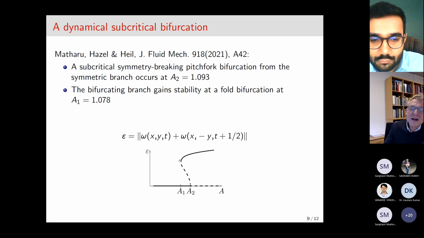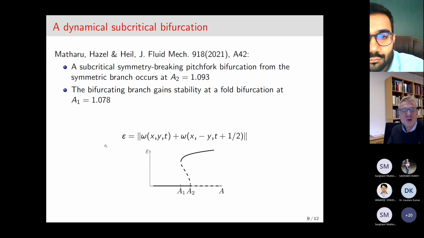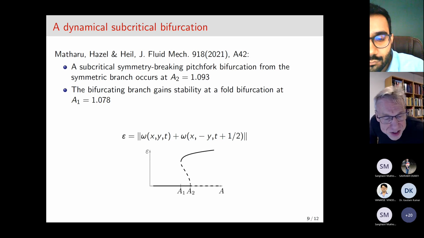So you will have a bifurcation diagram like this. And there is a range of bistability between the fold bifurcation and the symmetry breaking bifurcation. It's a very narrow region. You see these two numbers are almost identical, but the case I showed you before is indeed in this region, very close to A2, in fact. So that's why you can see either this solution or that solution, depending on the initial conditions.